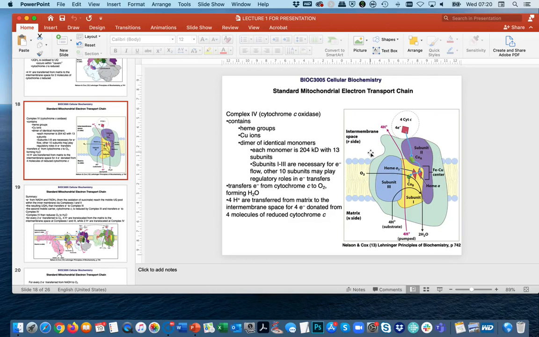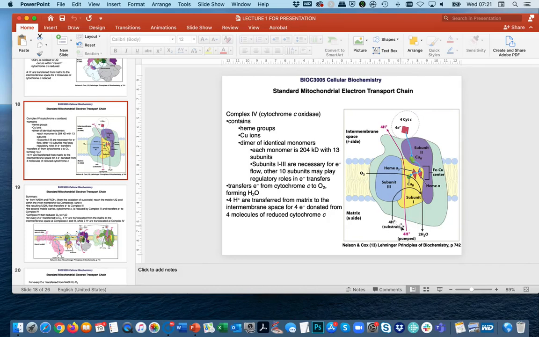Okay? So when electrons are transferred from cytochrome C through complex 4, they end up at oxygen, so the final electron acceptor is oxygen, reducing oxygen to water in the mitochondrial matrix.